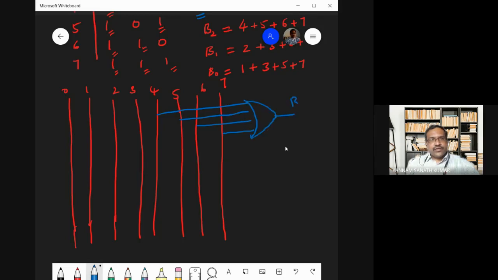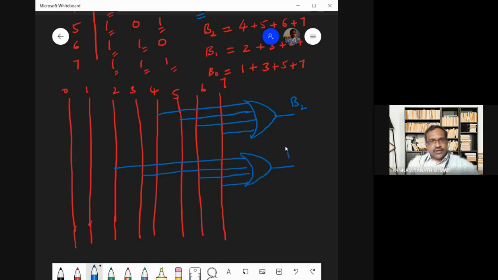So this is nothing but B2. And next, what is B1? B1 equals 2 or 3 or 6 or 7. This is 2, this is 3, and this is 6 or 7, connected to an OR gate.